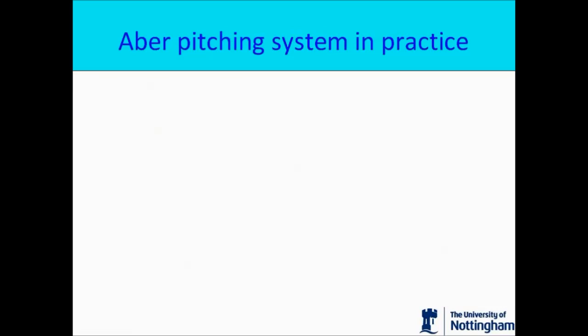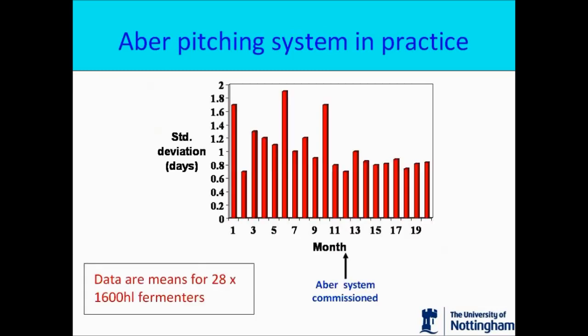So how well does that work in practice? This is some work that we did when we put one of those systems in place. Here you can see the standard deviation in cycle time. This is the mean standard deviation in cycle time for a tank farm of 28 FVs. And it was at month 12 that the new pitching rate system was actually put in place.